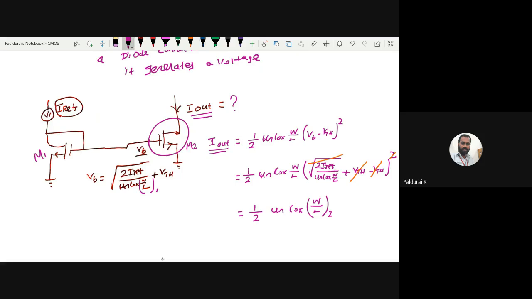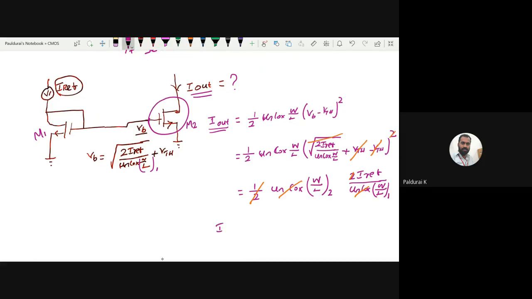So this is 2 times I ref divided by, assuming the same mu n C ox for both transistors. Now the 2 gets cancelled, mu n C ox gets cancelled. Therefore my I out equals the width to length ratio of the second transistor to the width to length ratio of the first transistor times I ref.